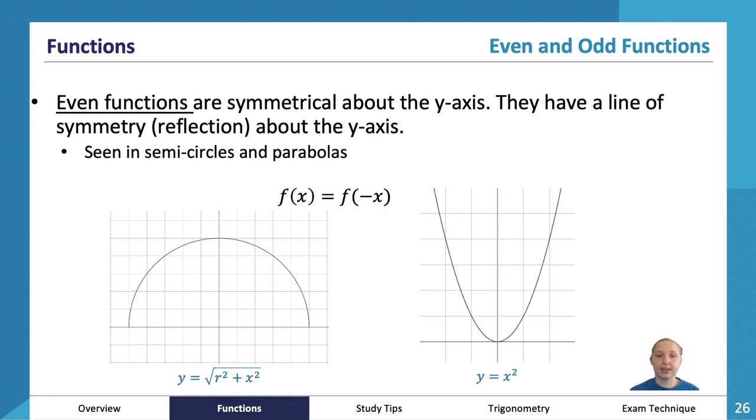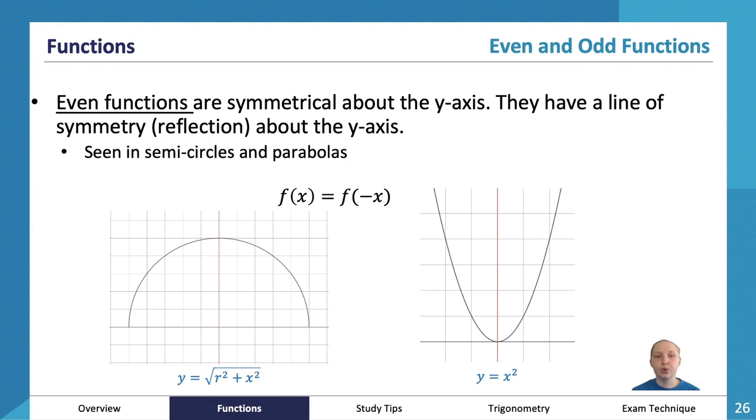So this can also be true for parabolas that you move around. So they're not always going to be symmetrical about the y-axis, but if you move your parabola to the left or to the right, it's just going to be symmetrical about the middle point at the vertex.